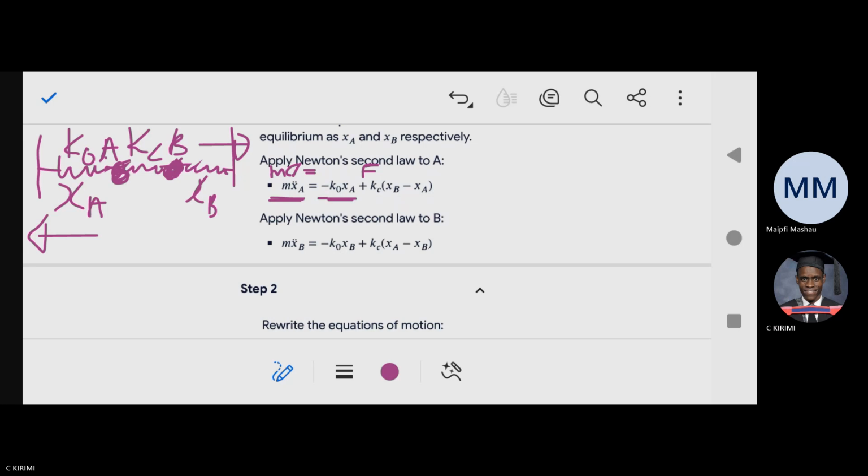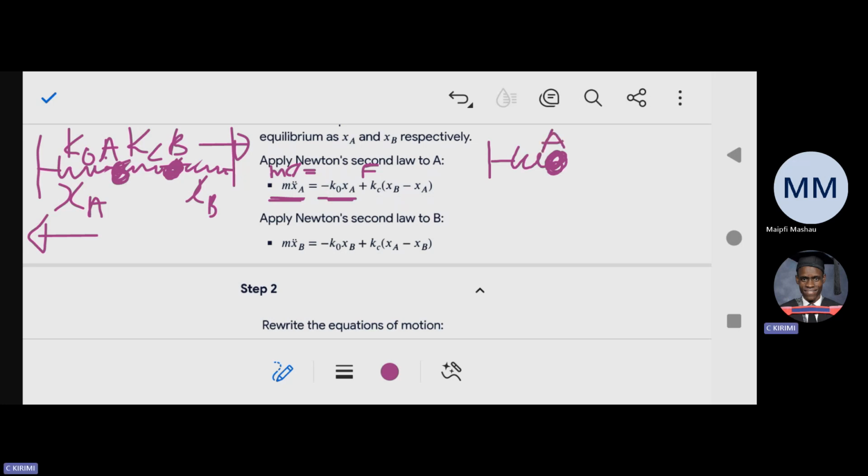This B, it is the one that is pulling in the opposite direction. However, if B was not attached, how are these forces moving? It's like this. Let's say we are having A only, like this.